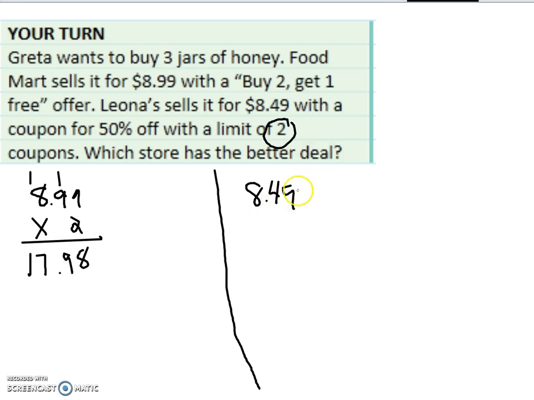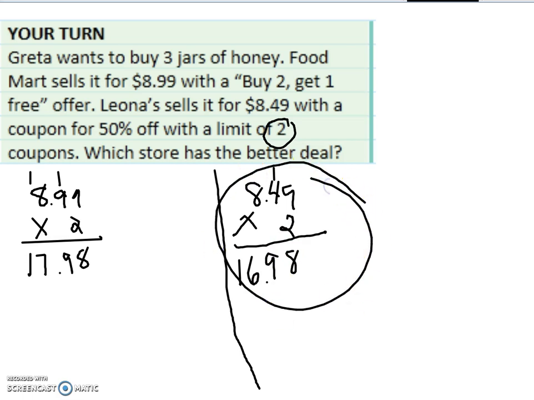Well, I still have to buy a second one. So $8.49 times 2. 2 times 9 is 18. 2 times 4 is 8, plus 1 is 9. 2 times 8 is 16. Okay, which one is the better deal? Leona's is the better deal.